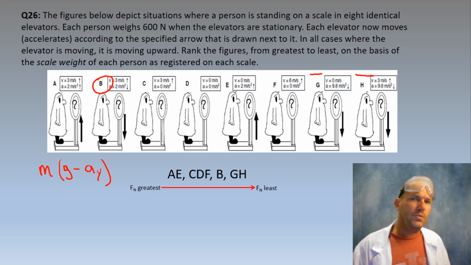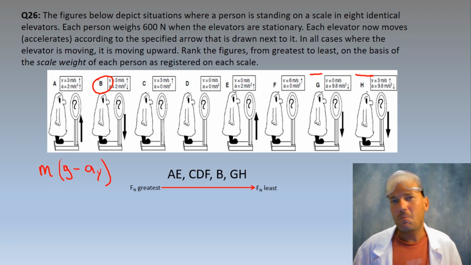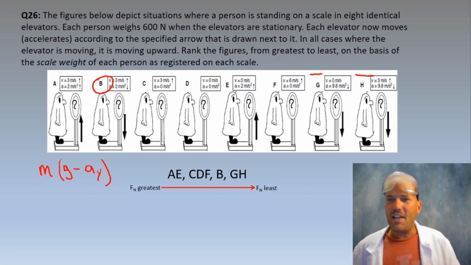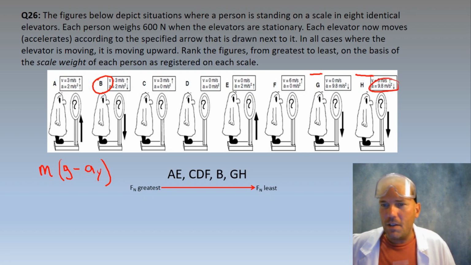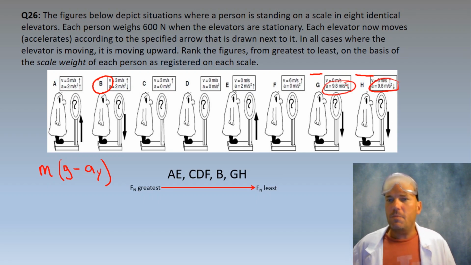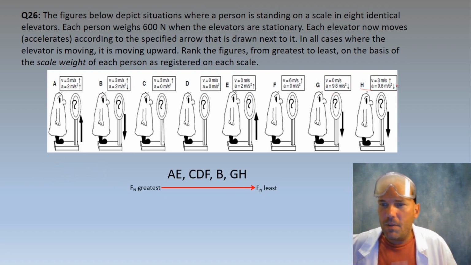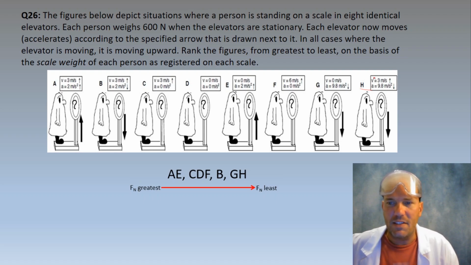So force normal is less than what it would be for an object that was stationary or moving with a constant velocity. The reason G and H are greater than B is because the magnitude of the acceleration is greater. In fact, these are both at free fall, so these are both experiencing weightlessness.